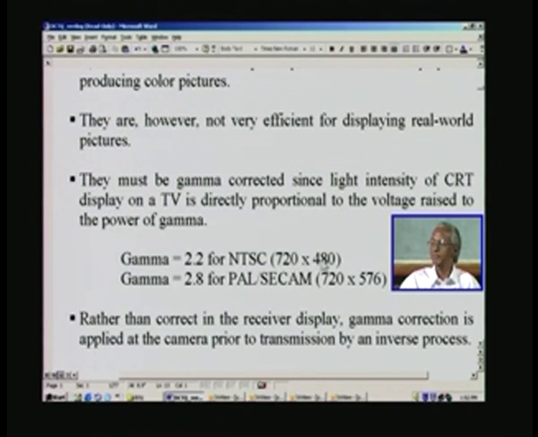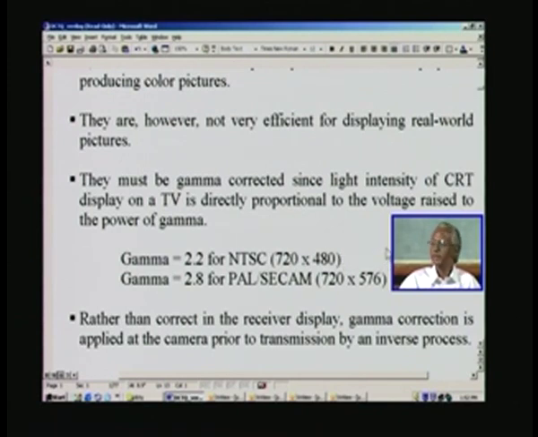This is 720 by 480 pixels here and 720 by 576 here, and they are what are called interleaved. In order to avoid flickering, they have separated the entire picture into odd and even lines, for that matter frames, thereby reducing the flickering, and that is called interleaved.